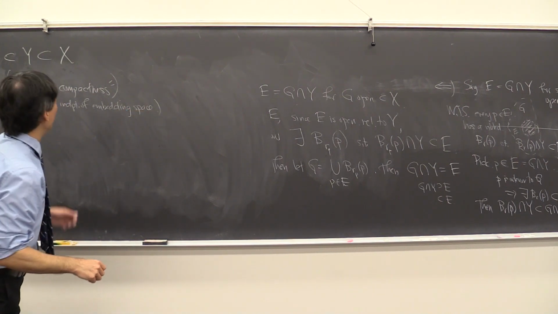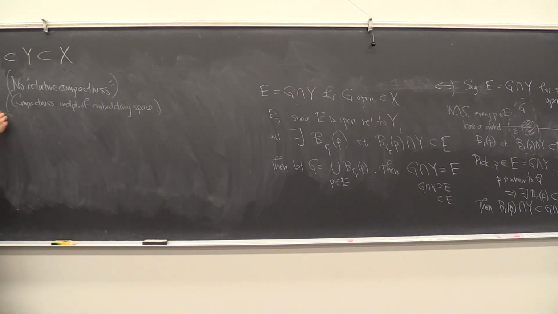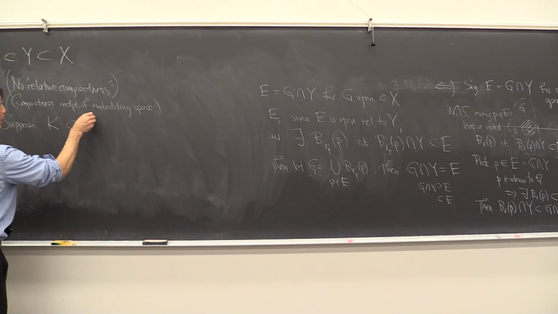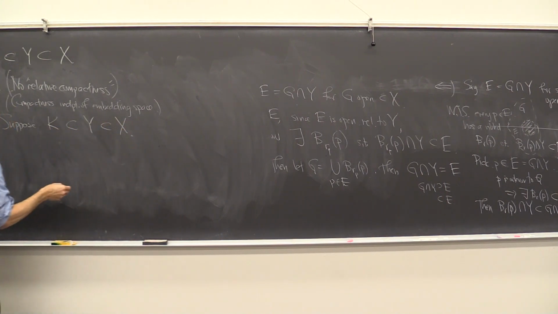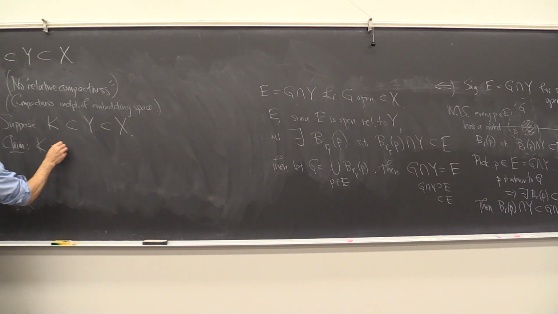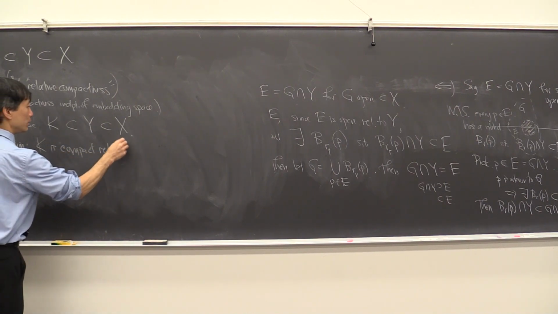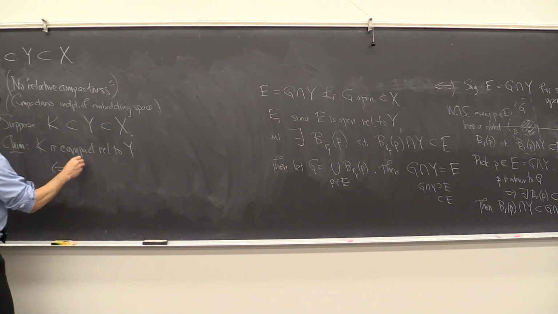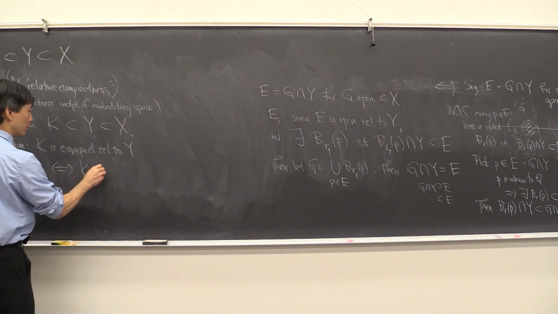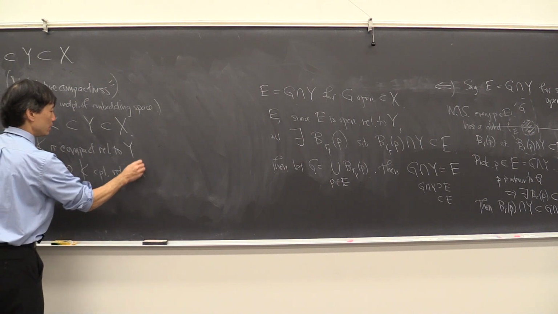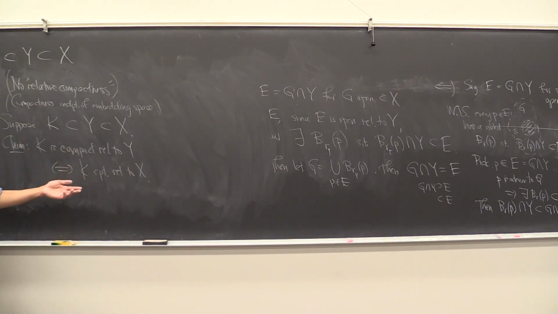Okay. So suppose we have a compact set. People usually use K for compact sets. Some compact set K contained in Y, contained in X. Then the claim is that K is compact relative to Y if and only if it's compact relative to X. So we don't need to say compact relative to something.